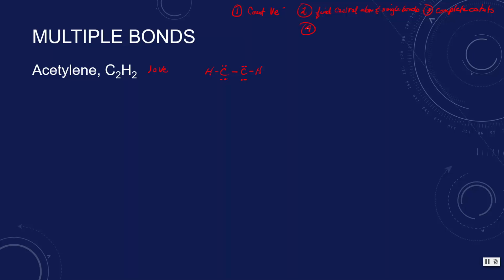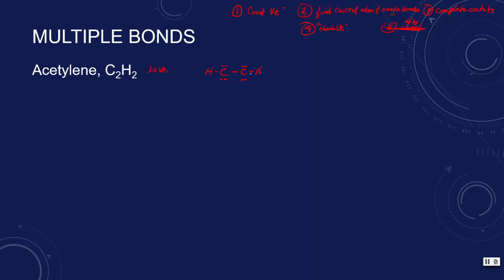So rule 4 is check valence electrons. And rule 5 is also check valence electrons, but we'll come back to rule 5. This is actually sort of like rule 4b. So let's count the valence electrons on the structure I've just drawn. 2, 4, 6, 8, 10, 12, 14.